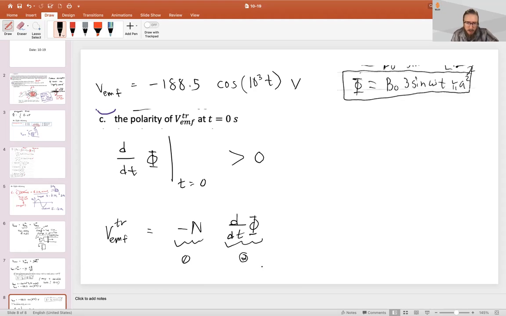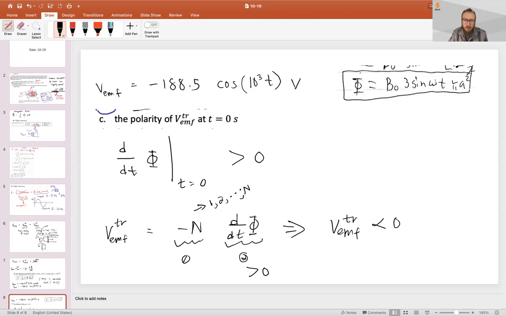So if this part is greater than 0, then you're going to modify this, because N must be a positive integer, the number of coils, 1, 2, up to N. So if the derivative of the flux is greater than 0, then you're going to modify it with a negative number, meaning that the VEMF is less than 0 at time 0.